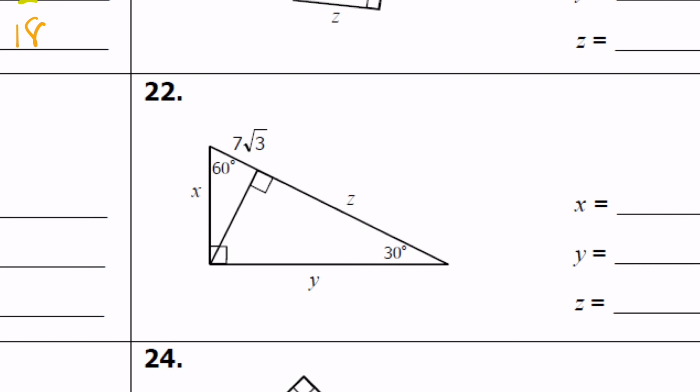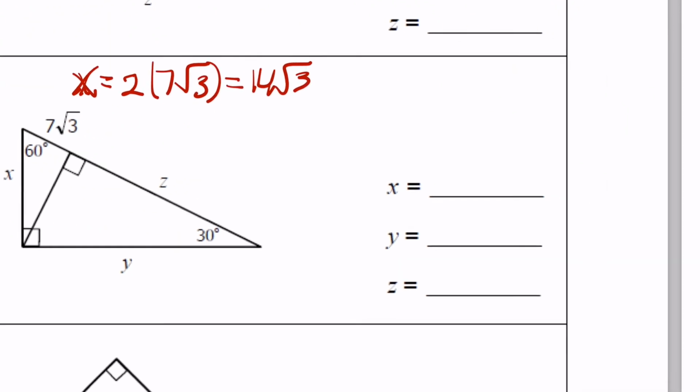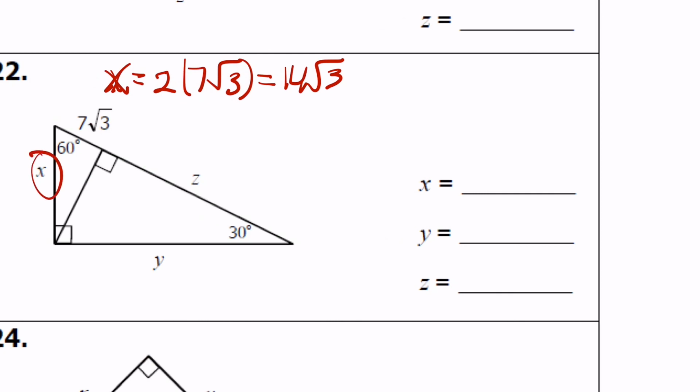So x equals 2 times 7 square root of 3, which just gives me 14 square root of 3. That one was easy because this x here is the hypotenuse of that triangle. So x equals 14 square root of 3. That one wasn't too bad.